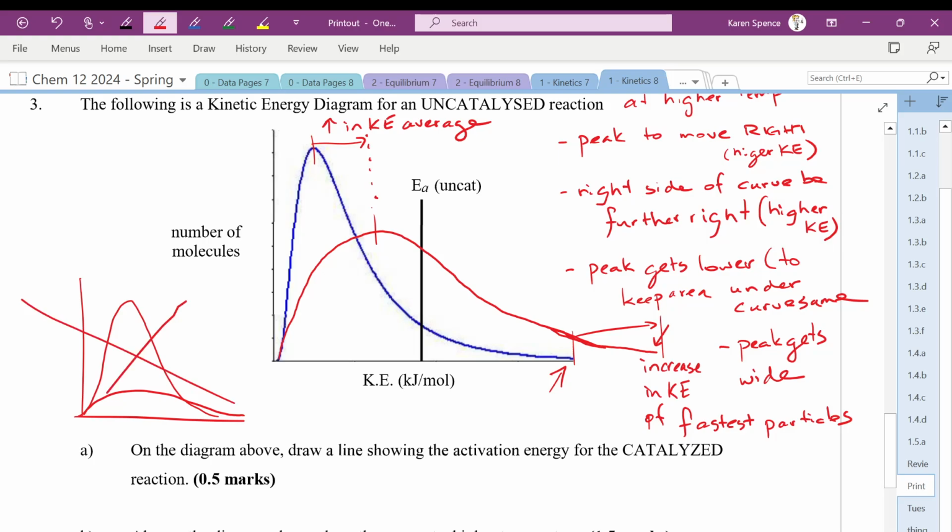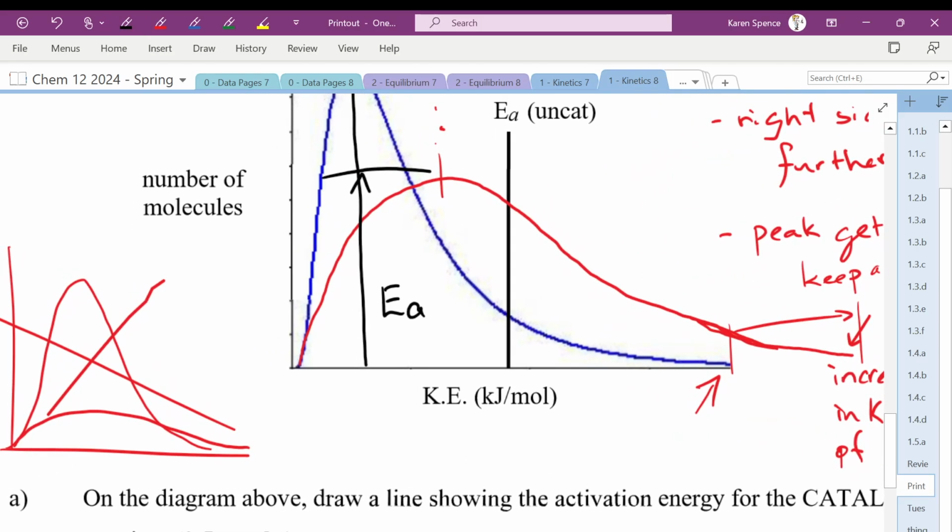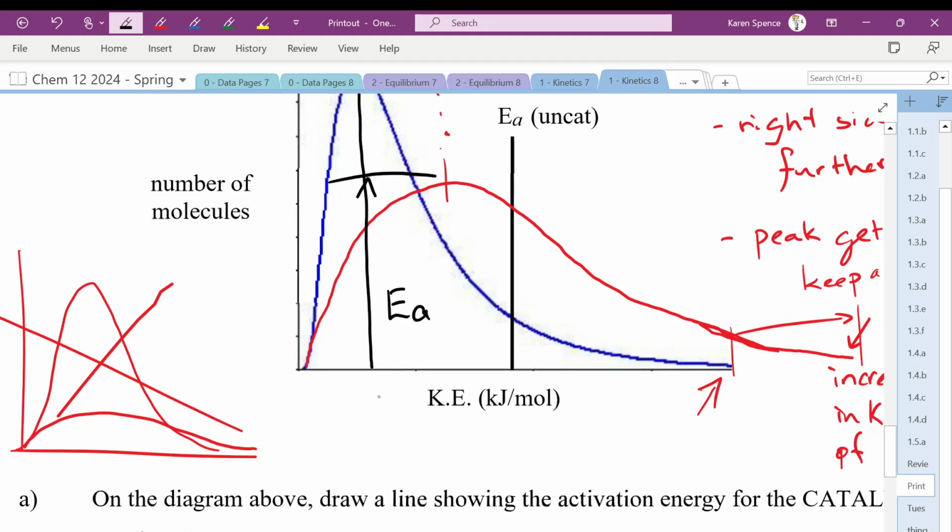Any other question? Oh, activation energy. Some people got their kinetic energy diagrams and their potential energy diagrams mixed up. And I had a few people label the activation energy vertically, and then they were like, oh, now it's been catalyzed. What is the problem with having the activation energy going vertically?